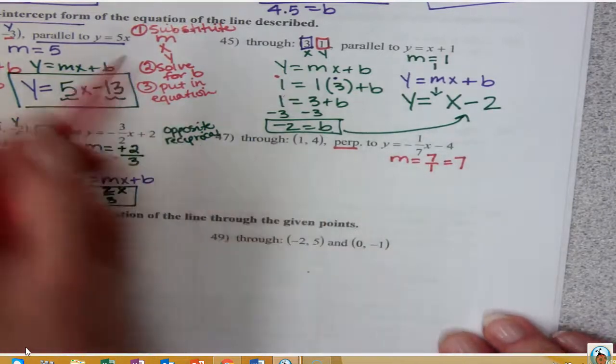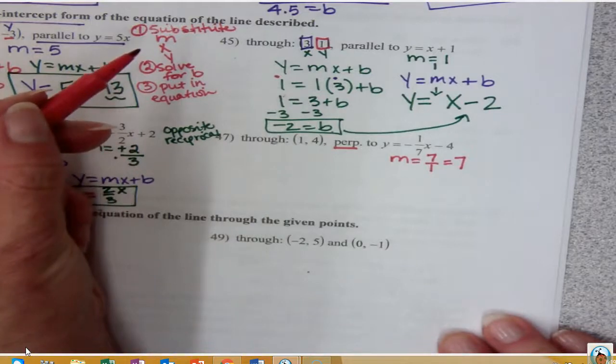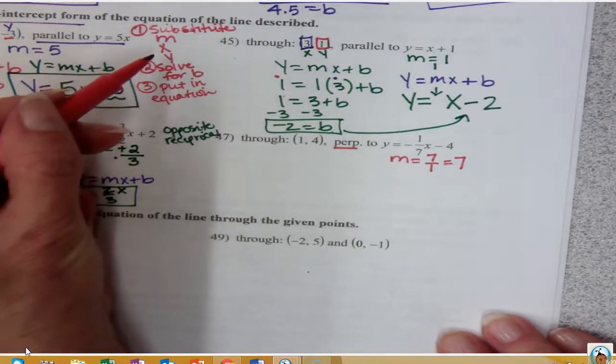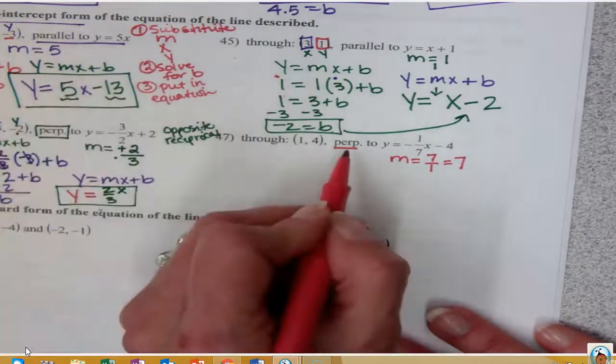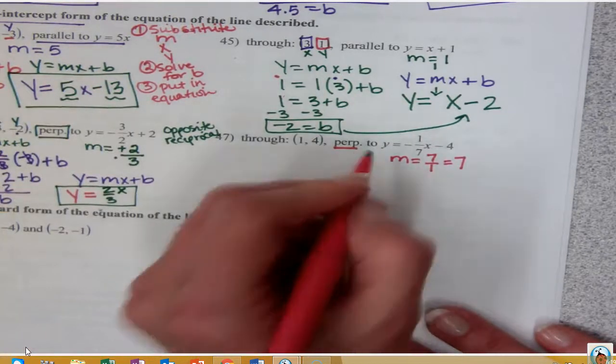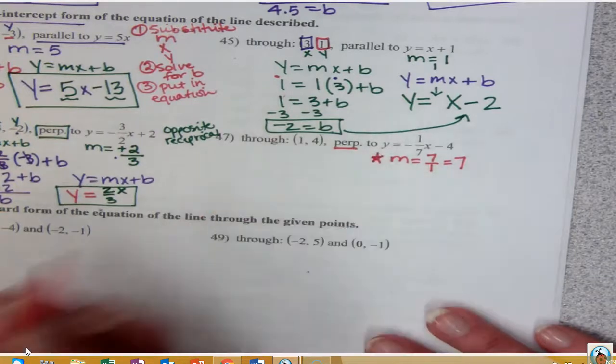So now I substitute in my slope, my x, and my y. And when I'm looking for the perpendicular line, I'm going to use the desired slope. That's what I'm looking for.